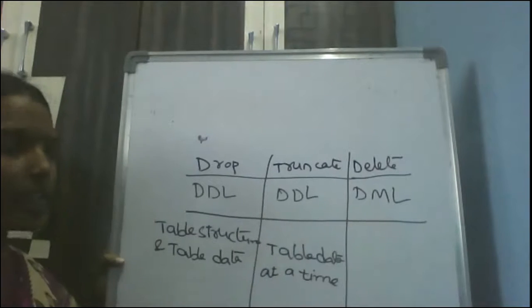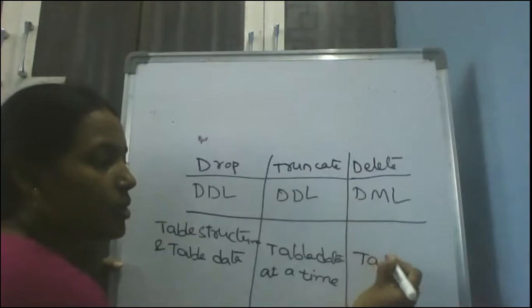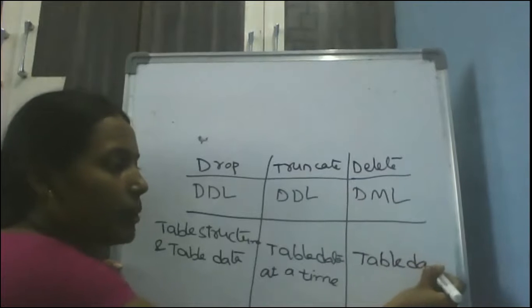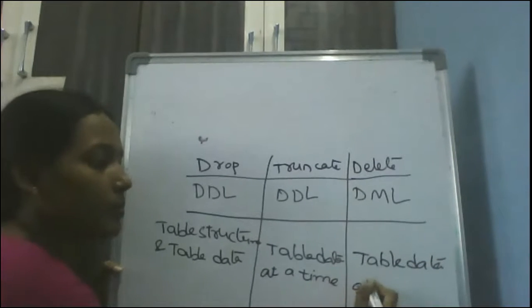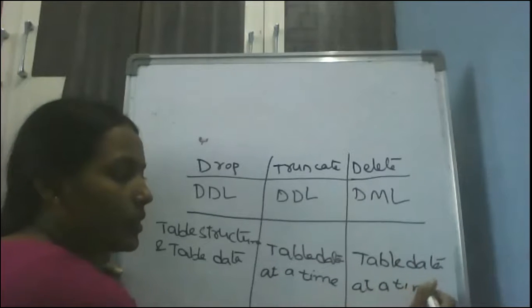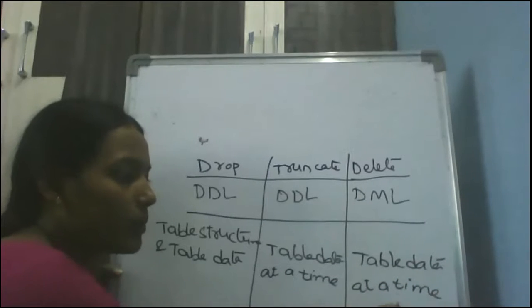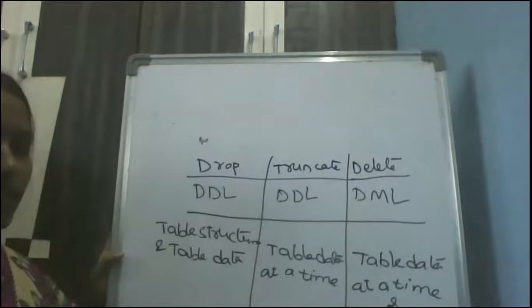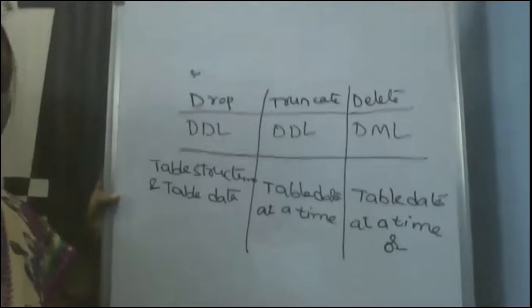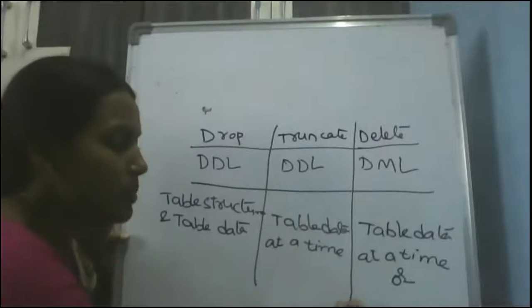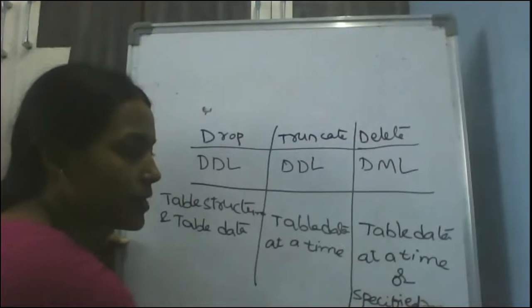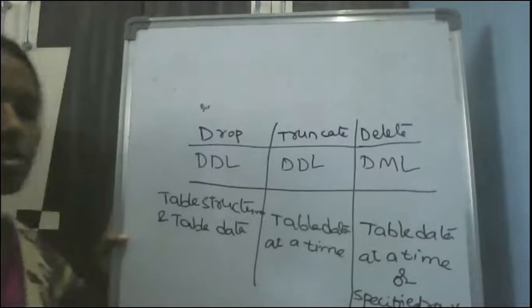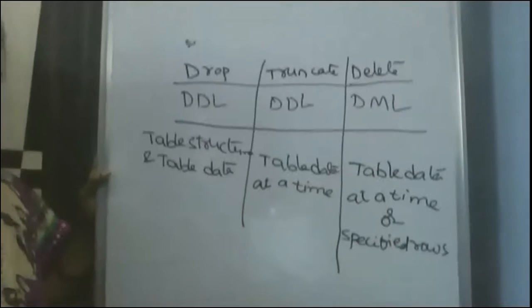Whereas with delete, we can delete the table data at a time, or specified rows also can be deleted.